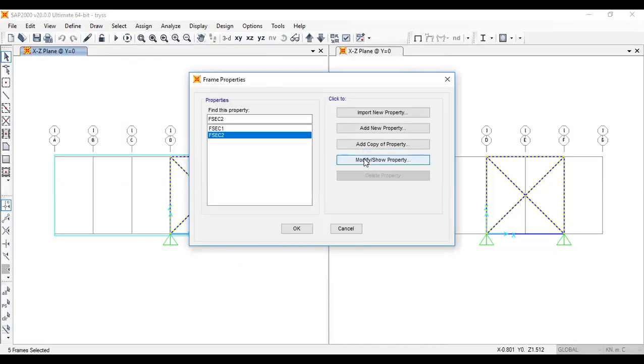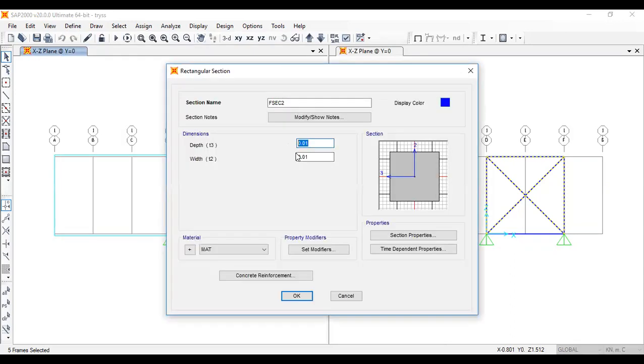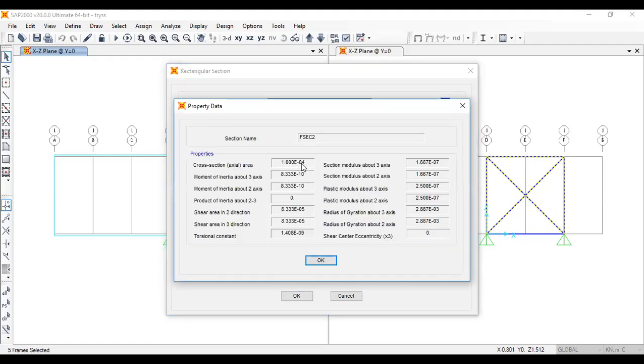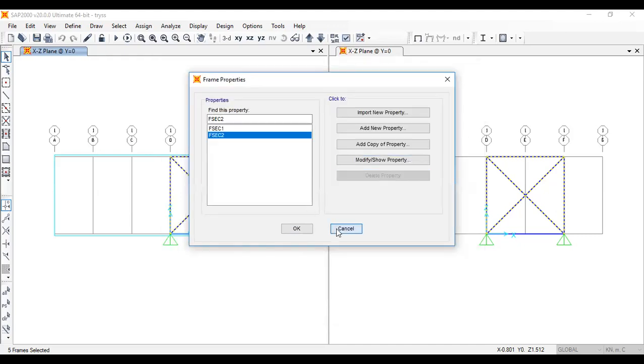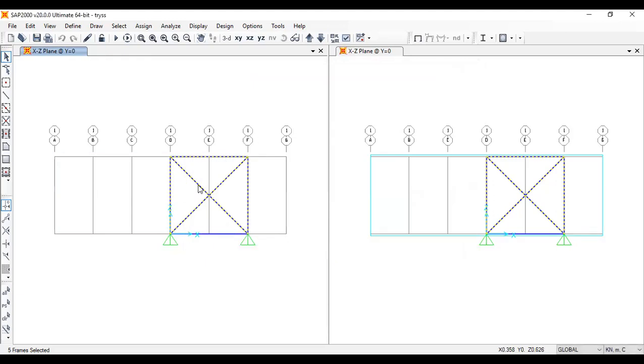Define depth is 0, 0, 1, 0, 0, 1, then the area becomes 10 to the power minus 4, right? And the material is what I defined earlier. So then material and cross section area okay, E value and the A value okay, length is in the model, right? So that will calculate the AE over L.